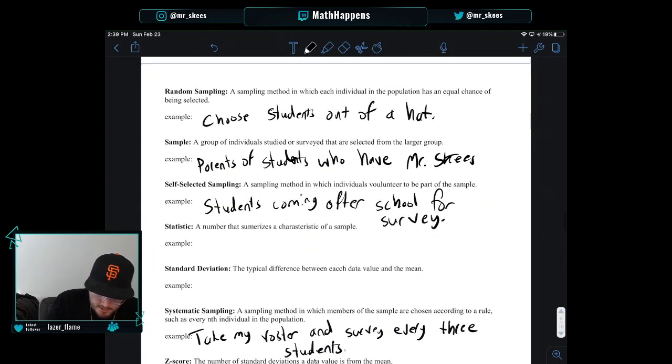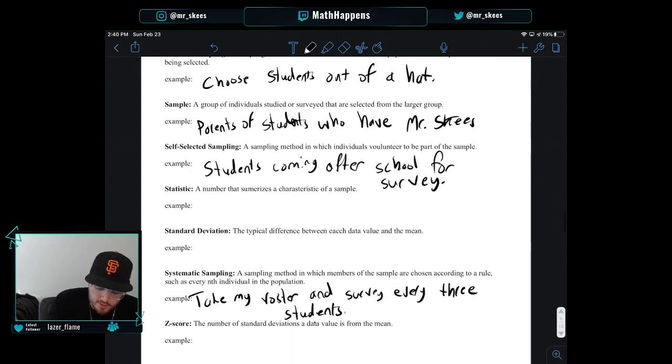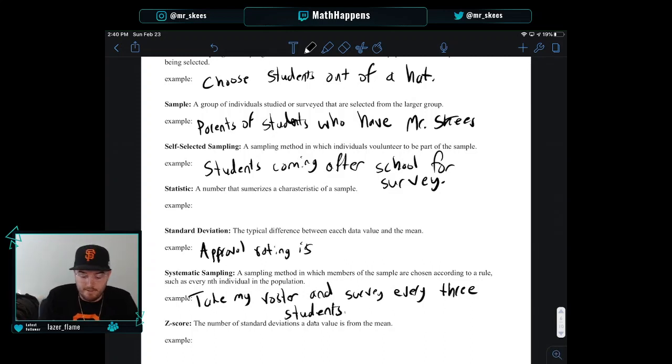What was another one that we filled in? Standard deviation. We just said something about standard deviation. It's the typical difference between each data value and the mean. So like how far apart things are. An example of that: if politics stuff is in the news right now, you might see an approval rating, maybe Bernie's approval rating in the state of Nevada is 60%, and then you might see a plus or minus 3%.